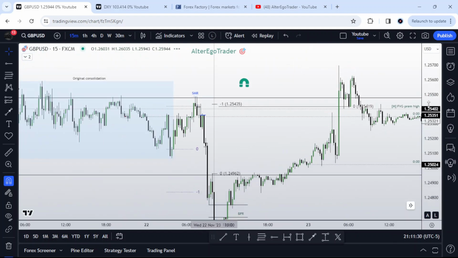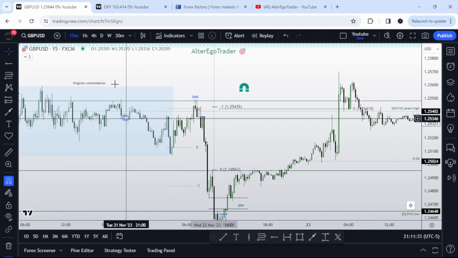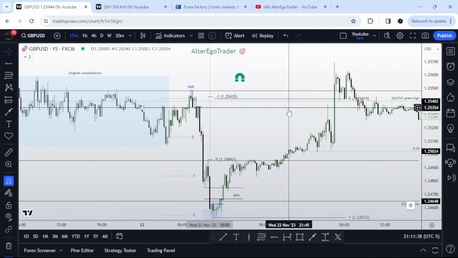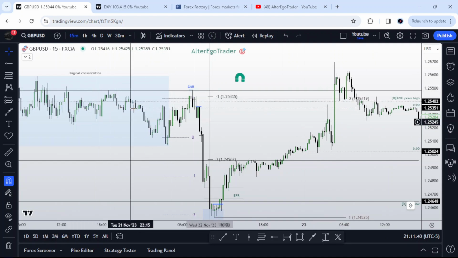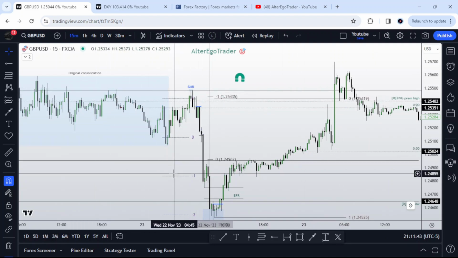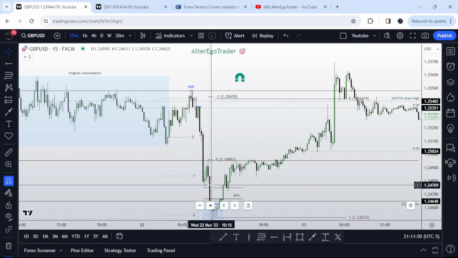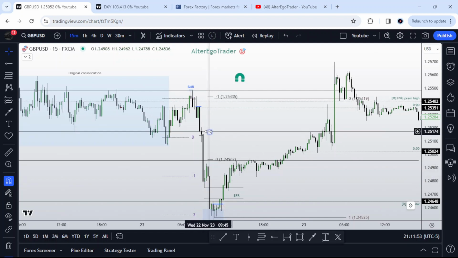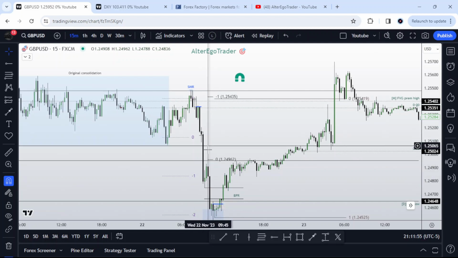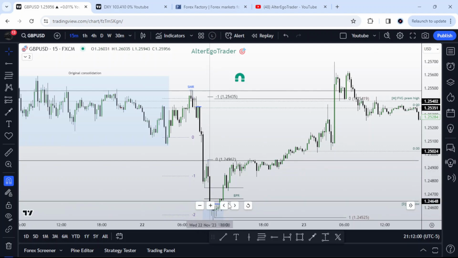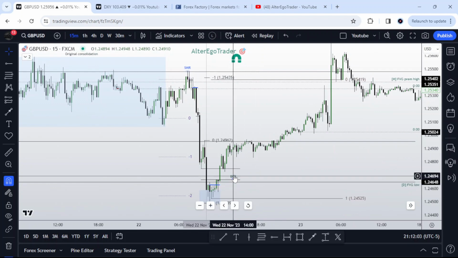Then price completed the classic fractal of the market maker buy model, which would be original consolidation, trade below the original consolidation, trade back into that original consolidation, go for reaccumulation of shorts, second stage reaccumulation of shorts, and smart money reversal, right?